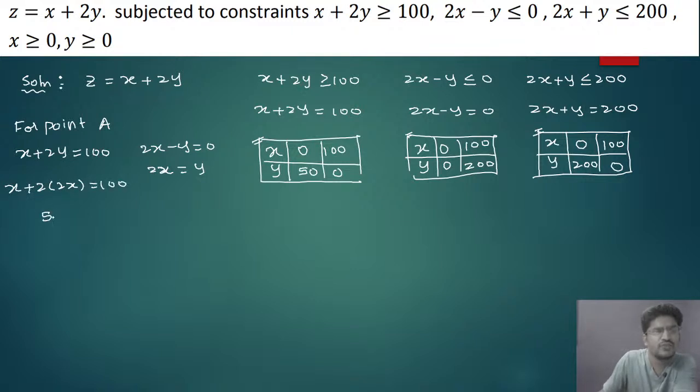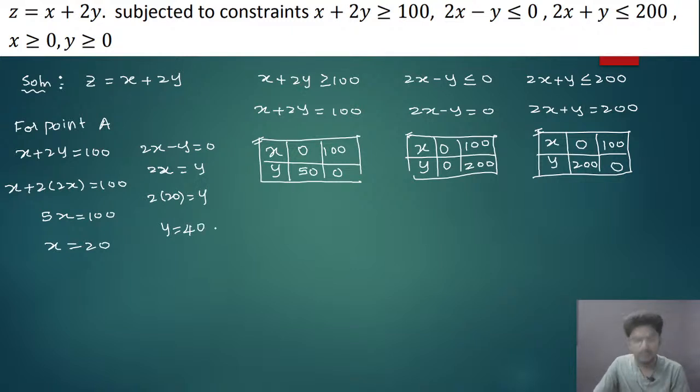So this will be 5x equals 100, and x will be equal to 20. If x is 20, put in the place of x 20, y will be equal to 40. So y is 40. Therefore 20 comma 40 is your point A.